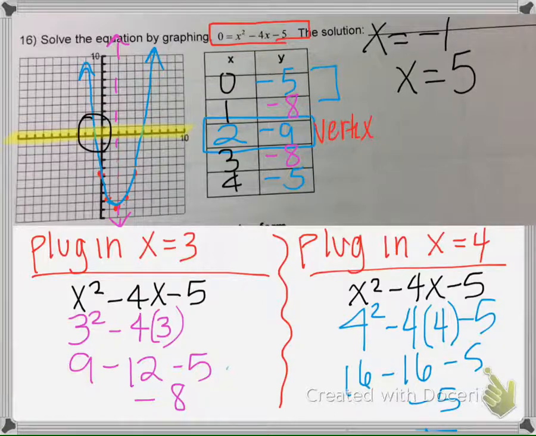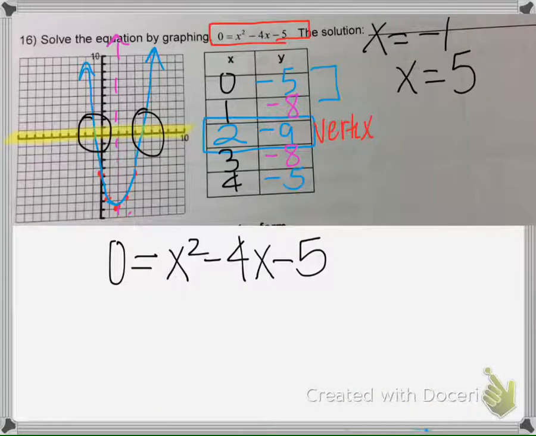Now I'm going to go ahead and solve it another way just to verify that it does cross at negative 1 and 5. If we had a graphing calculator, we could see exactly that we graphed it right. But let's back it up by solving this equation, either with the quadratic formula or factoring.